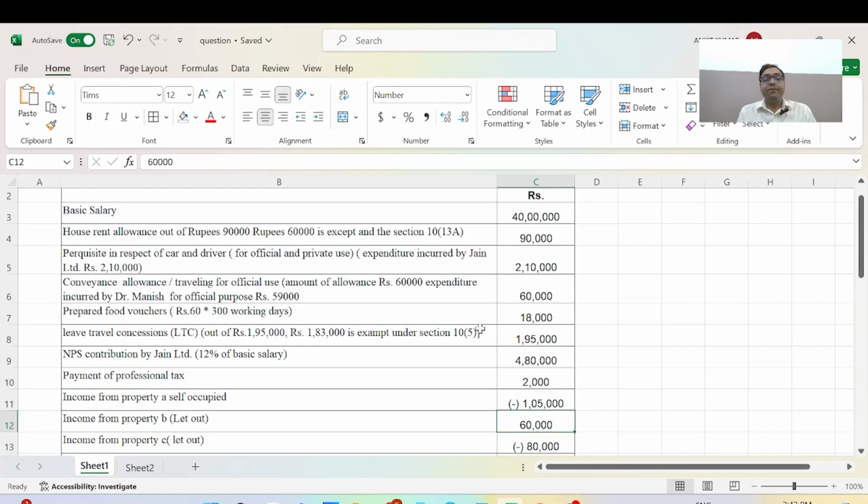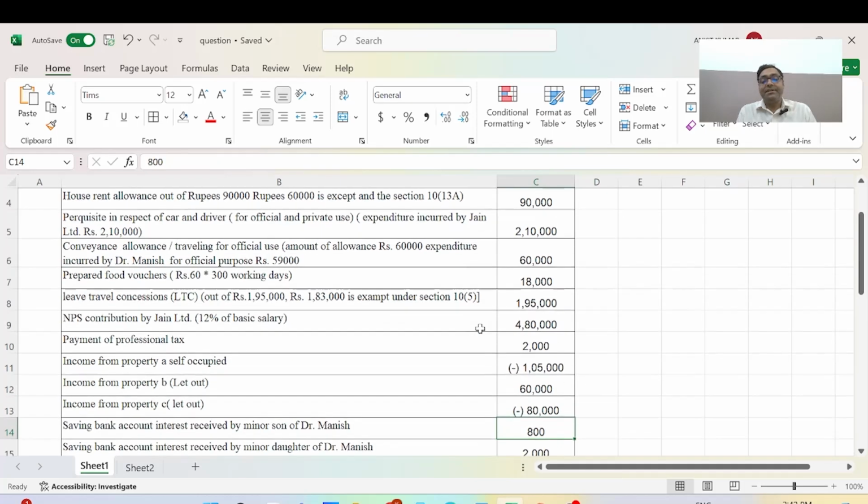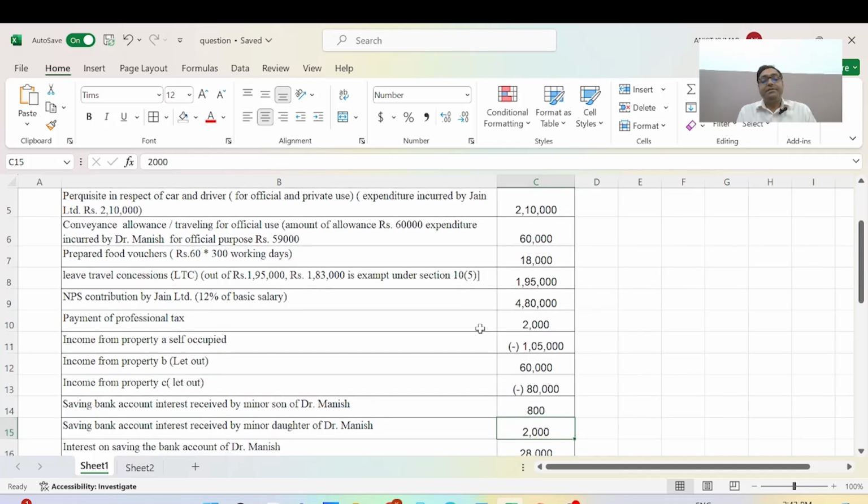Income from property B, let out, is 60,000 rupees, and income from property C, let out, is negative, minus 80,000. Other income: savings account interest received by the minor son of Dr. Manish is 800 rupees, and by the minor daughter is 2,000 rupees.